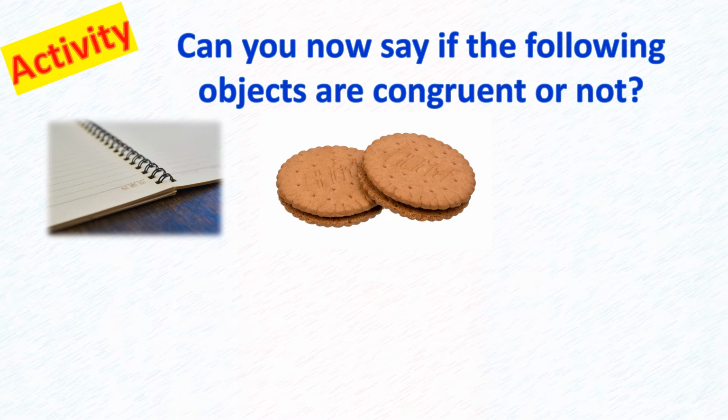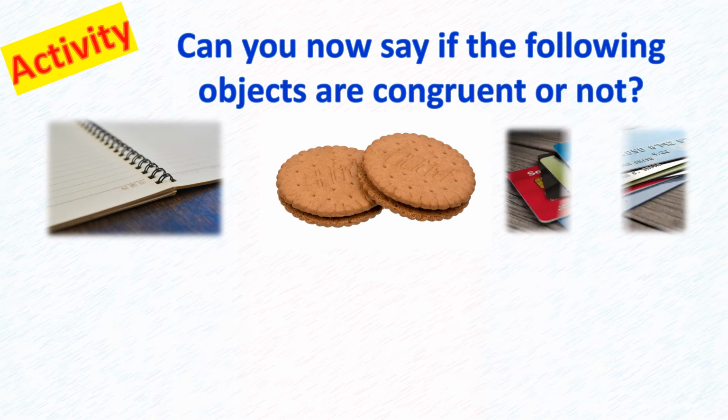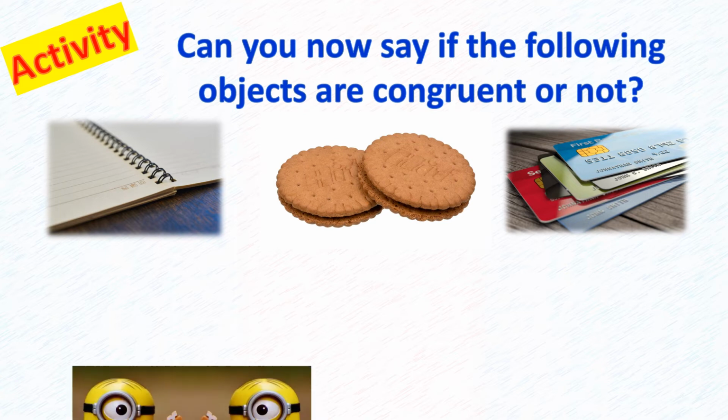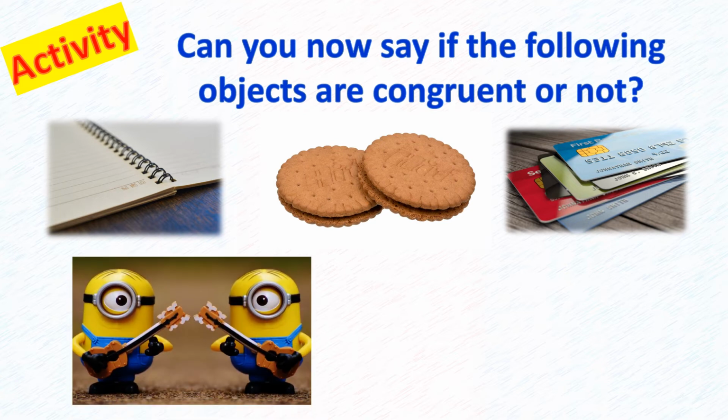If you see it from the top, will they merge with each other exactly? These ATM cards, what do you think about that? ATM cards, visiting cards, right? And then these two toys. Now let me tell you the answer before I show you the next image.